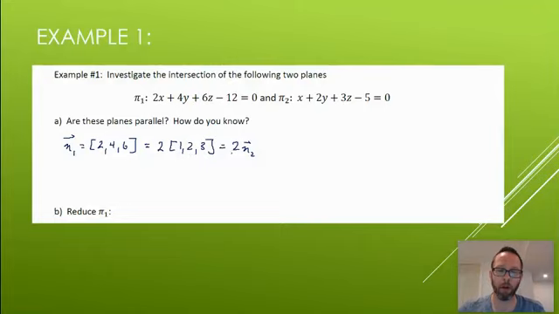Because the two normals are parallel, the planes will be parallel too. So the answer is yes, because the normals are parallel, collinear, whatever you want to say.